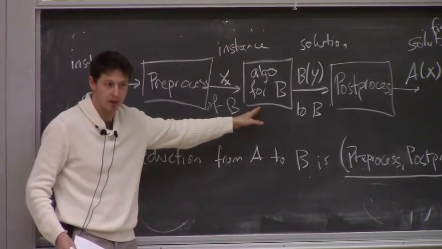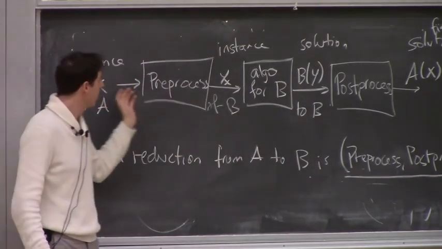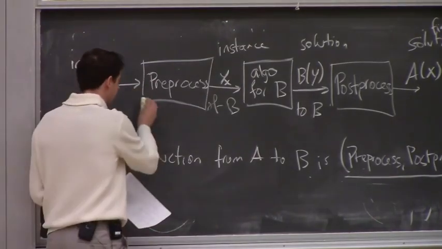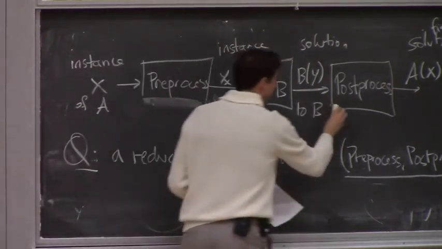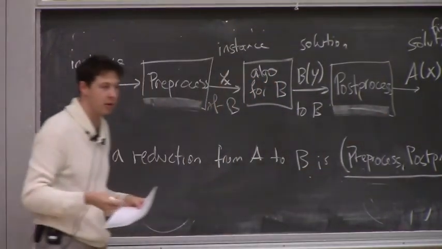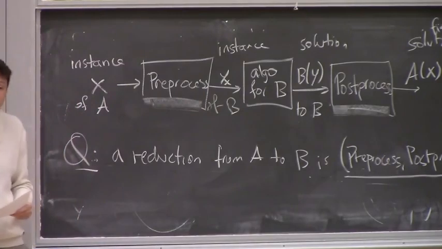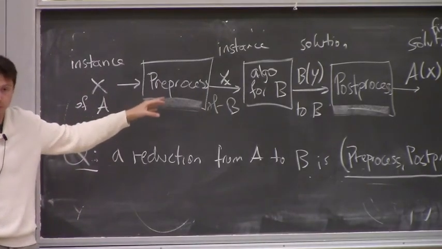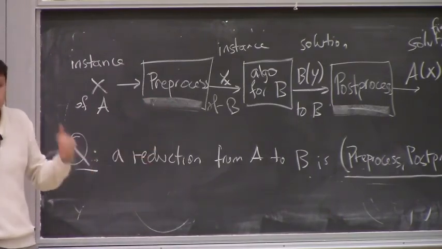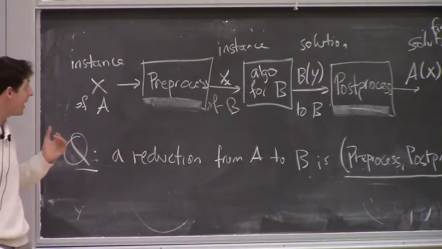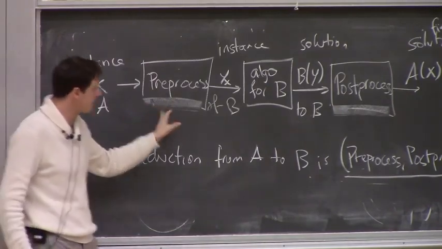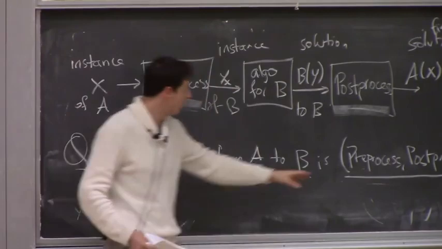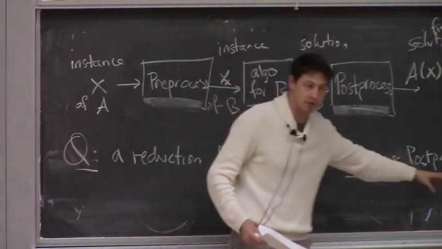That's not your job. When you reduce a problem from A to B, all you have to do is architect, design, how to pre-process and post-process, because you're just doing a thought experiment. You're saying, if I had a subroutine for the problem B, usually you do, that's why you're doing it, but it doesn't matter, then this is how you would pre-process and post-process your instance. That's why a reduction is a pair of algorithms, the pre-process algorithm and the post-process algorithm.